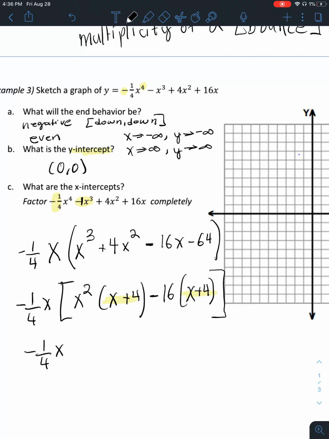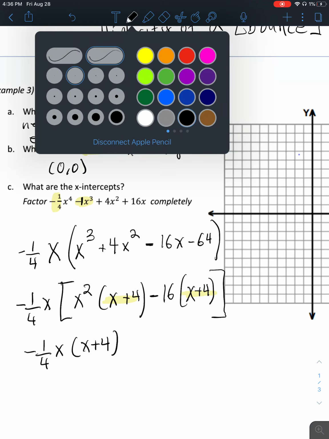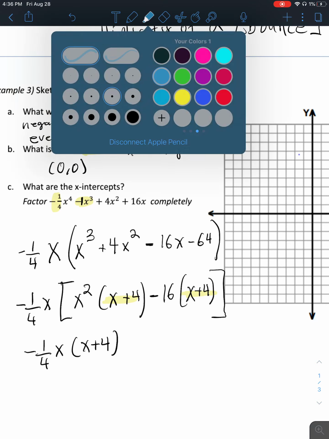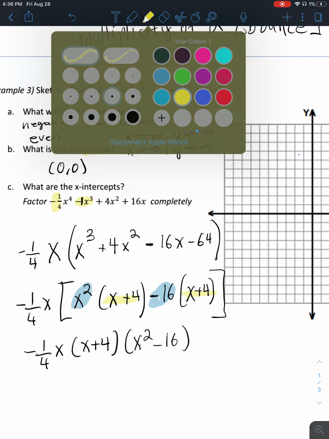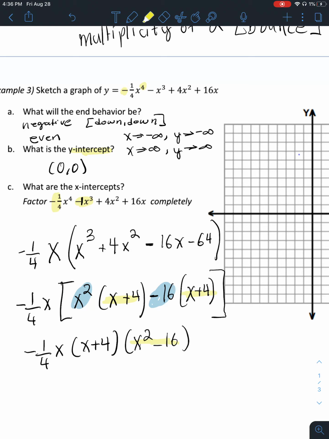I'm going to copy one of my yellow parentheses, and then I'm going to take what's on the outside and put them together, which is x squared minus 16. I hope that you realize that x squared minus 16 is also a difference of perfect squares, and that you will get x plus 4, x minus 4.